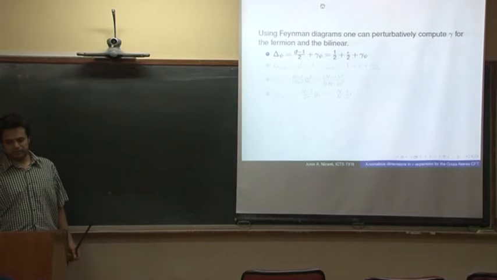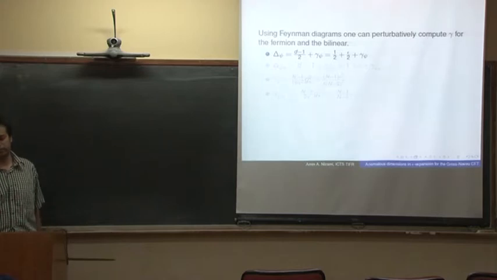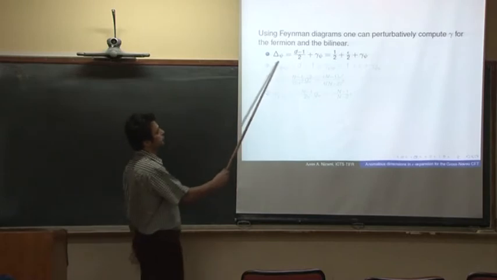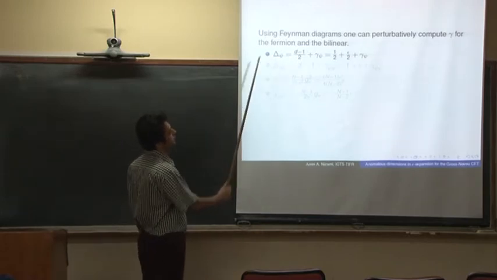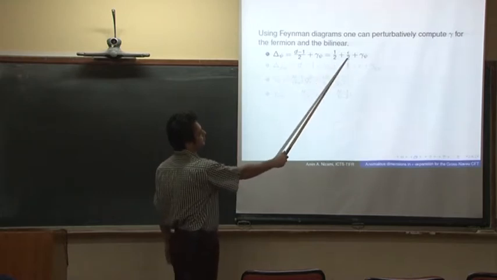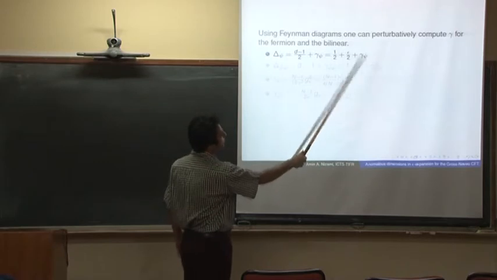And so this has been well studied, and using usual Feynman diagram techniques, people have computed perturbatively the anomalous dimensions for the fermion. So this is the total scaling dimension. This has a part which is the classical canonical scaling dimension, plus the quantum correction.